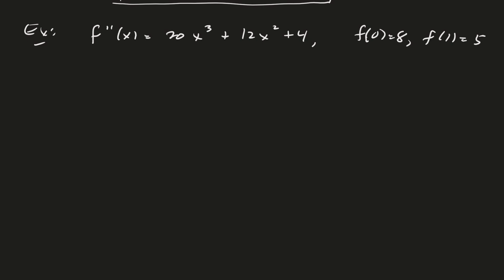So in this case, by the way, you'll notice that I'm giving you two pieces of information because we have the second derivative. And so when we anti-differentiate twice, we're going to have two constants to work with.